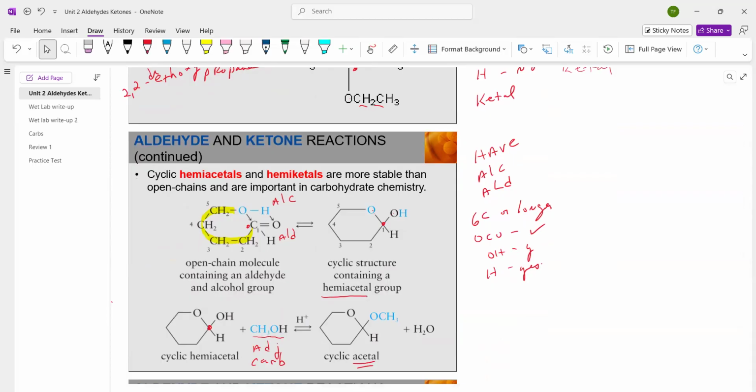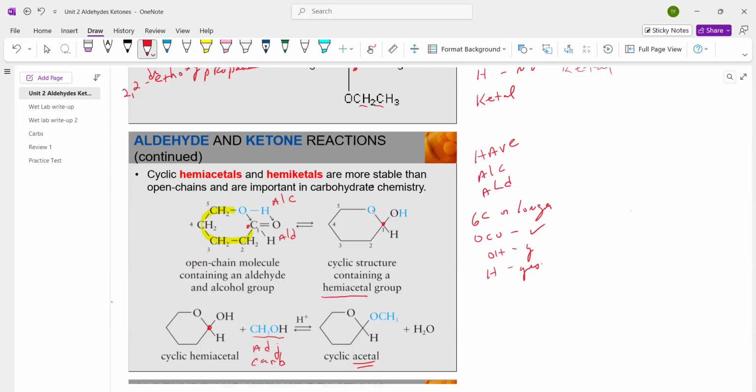Okay, so again, sometimes a molecule, if it's long enough and has an OH on the end of it, or towards the end of it, can loop around and form this aldehyde alcohol reaction and form the hemiketal here.